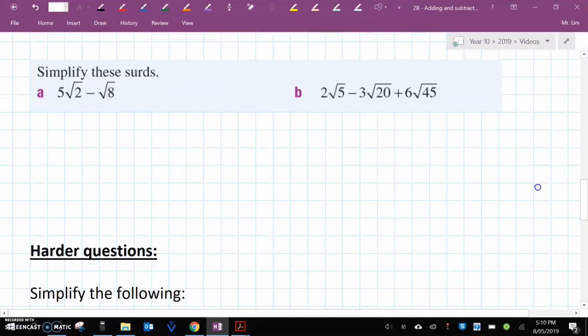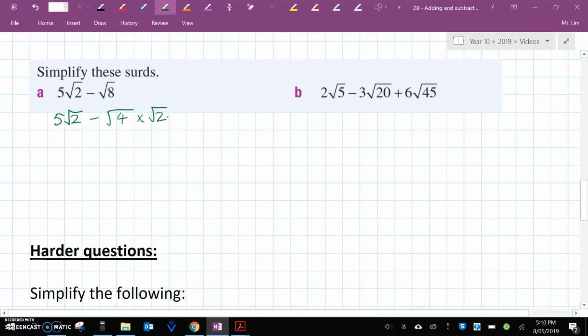Okay, let's simplify these surds. In question A, we have 5 root 2 minus root 8. They're not like terms, so how are we going to simplify them? Well, in class today we've looked at how to simplify root 8. We've rewritten root 8 as root 4 times root 2.